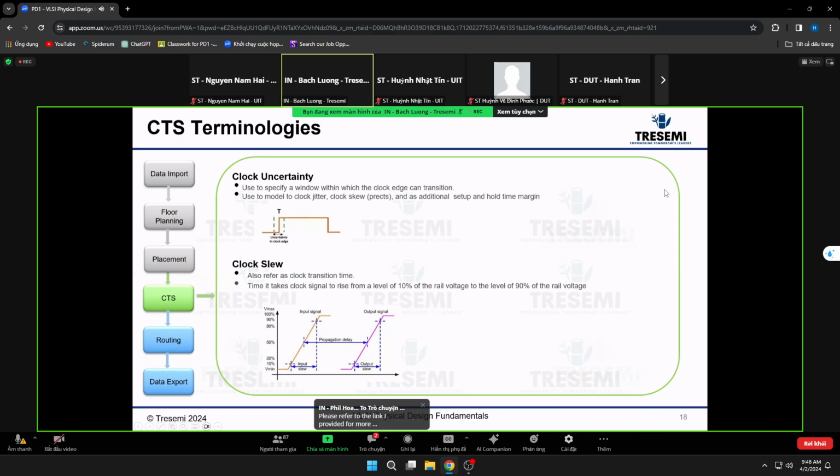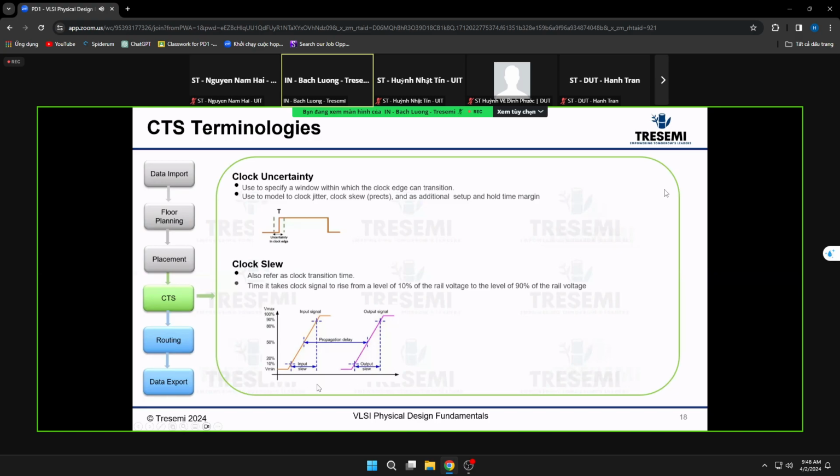It's usually measured at 10% and 90% for the clock. For example, here at 10% and 90%, the slew is the time it takes to reach 90%, and this is the input slew for this signal. So that's what the slew rate is.